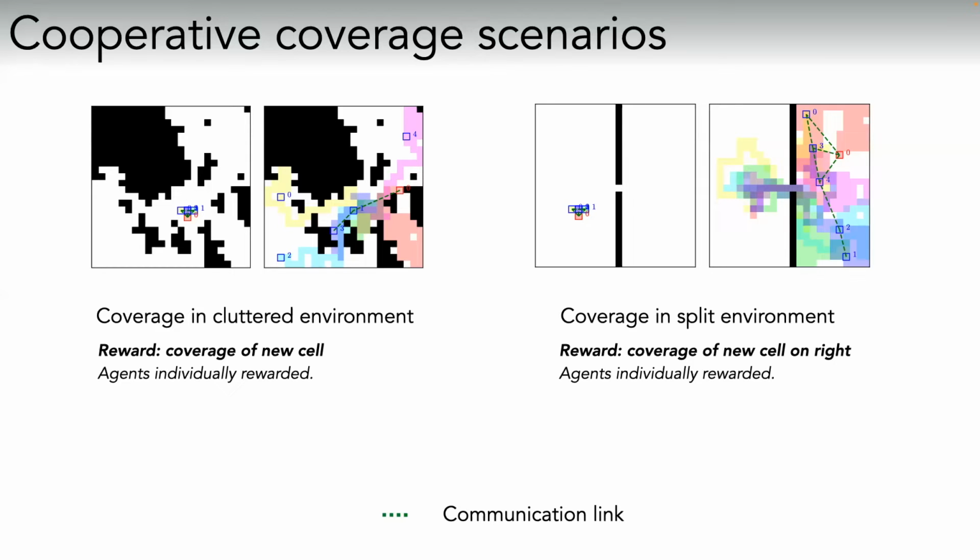Because in this system here, even though we want the agents to cooperate, to work together as a team, we're actually only going to be specifying the rewards locally. So every time an agent covers a cell that has not been covered before, it will reap a reward, irrespective of what the other agents are doing.